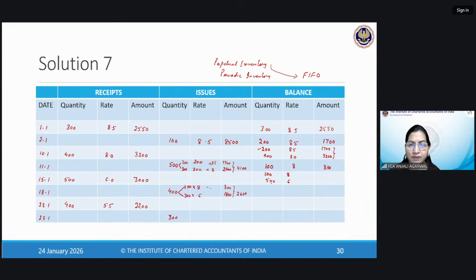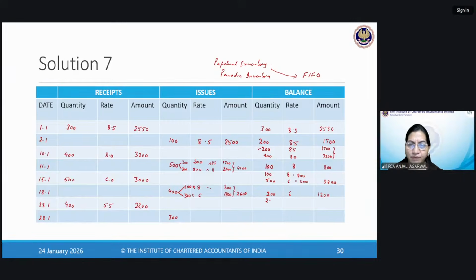The balance you will be left with is 200 units at the rate of 6, 1200. You can always write the total amount here, 800 and 3000. So you can write the 3800 here. So out of 3800, if 2600 goes, 1200 remains.